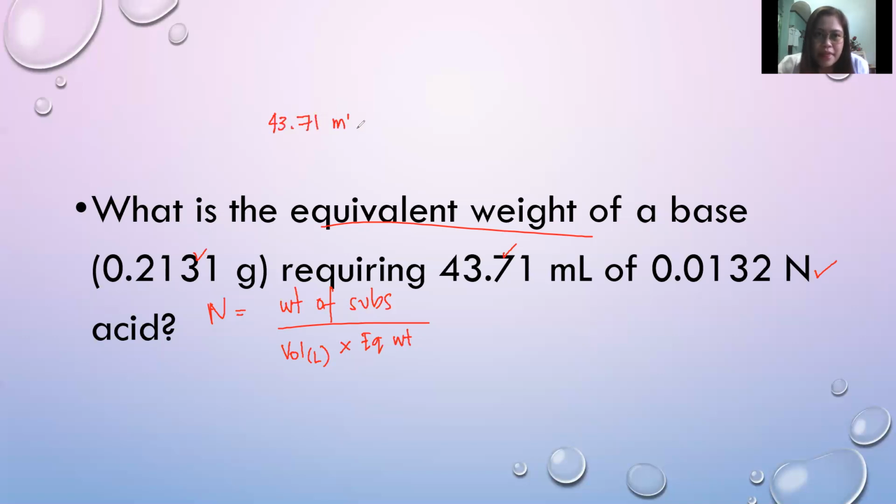43.71 ml. Please do not forget the conversion factor. ml goes at the bottom so that it cancels, therefore liter goes on top. In one liter, class, you have 1,000 ml. Let me get my calculator first.